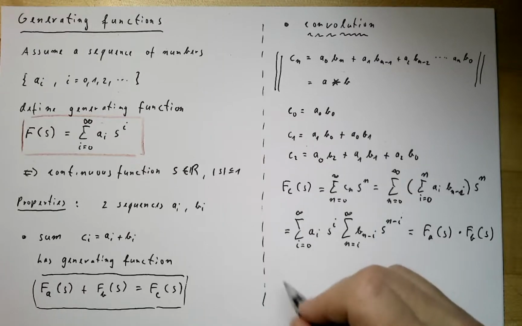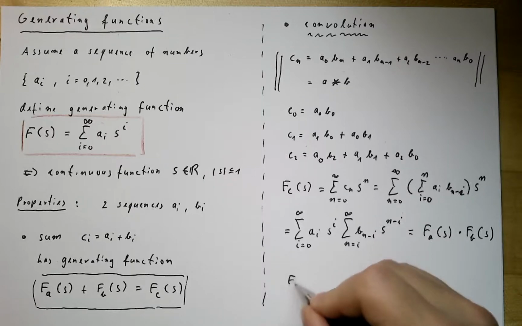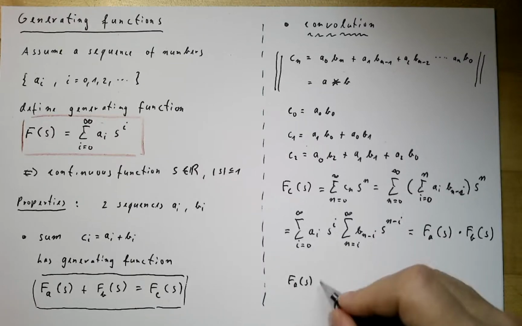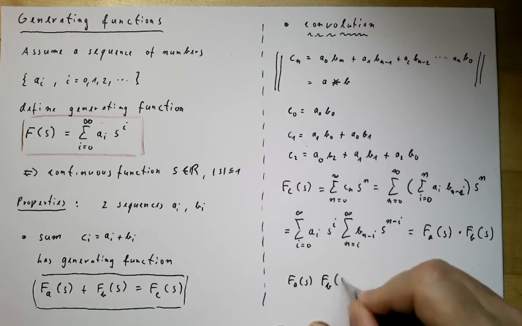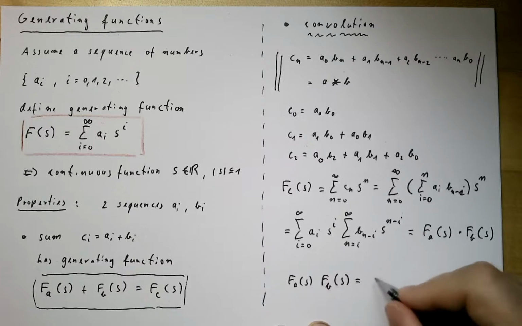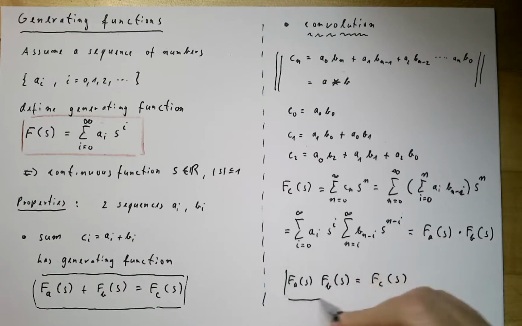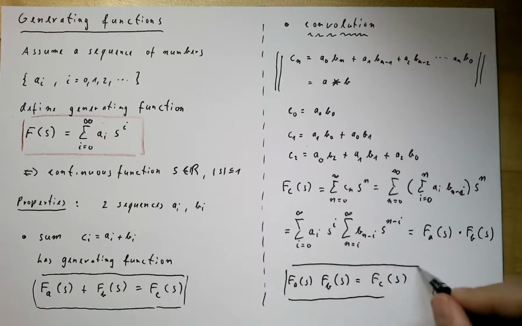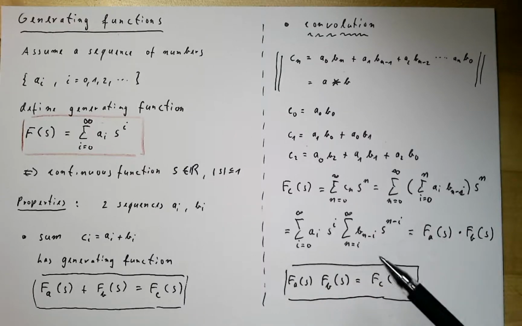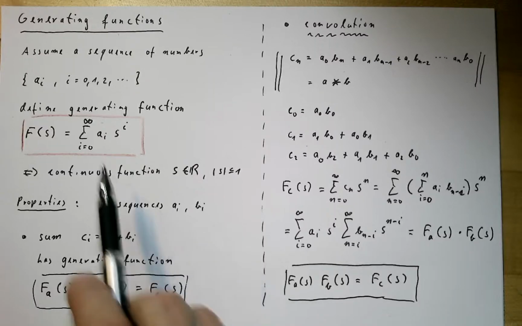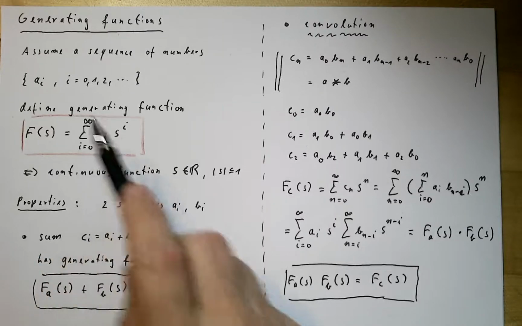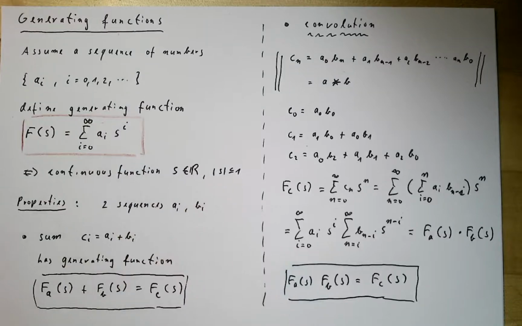But what we have seen here is that if you take the product of two generating functions of two sequences, this gives the generating function of the convolution. So this is just two properties of the generating functions, but so far we don't really know what this is good for. It's just a way to transform a sequence to a real valued function.